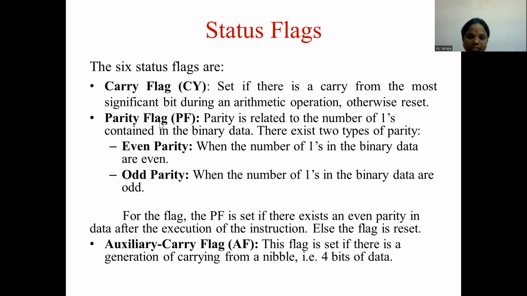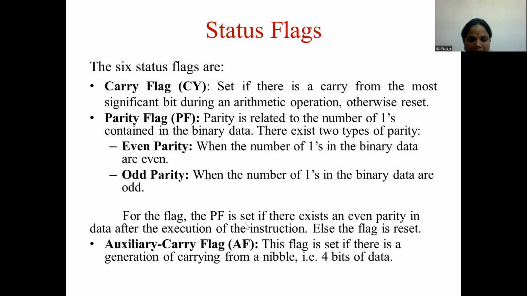The next flag is the parity flag. Parity is related to the number of ones contained in the binary data. Parity is of 2 types: one is even parity and the other is odd parity. When the number of ones in the binary data is even, it is known as even parity. If it is an odd number, it is known as odd parity.